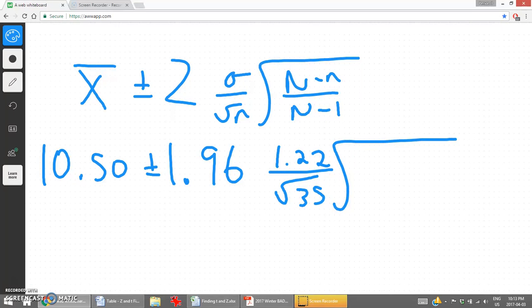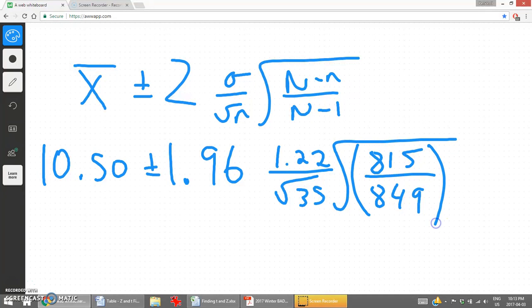I'm going to put in these values, so it's 850 minus 35, which gives us a value of 815, divided by 850 minus 1, so it gives us 849. Make sure you take the square root of everything in that part of the equation.